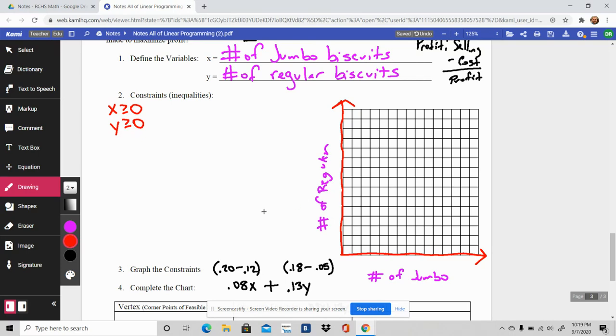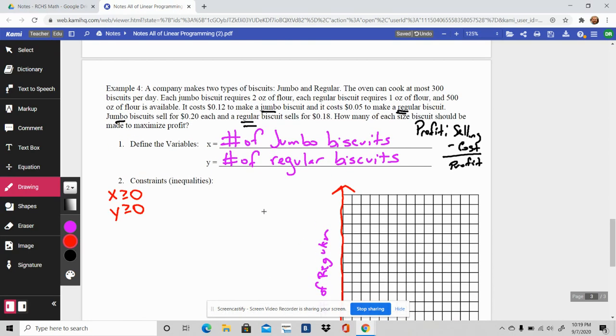Okay, other constraints. One thing you can do is once you've used the numbers, so all of these dollar signs, that went with cost and selling prices, we already used those. So now what we can go back and do is pick out the other numbers and figure out what other kinds of constraints that we have.